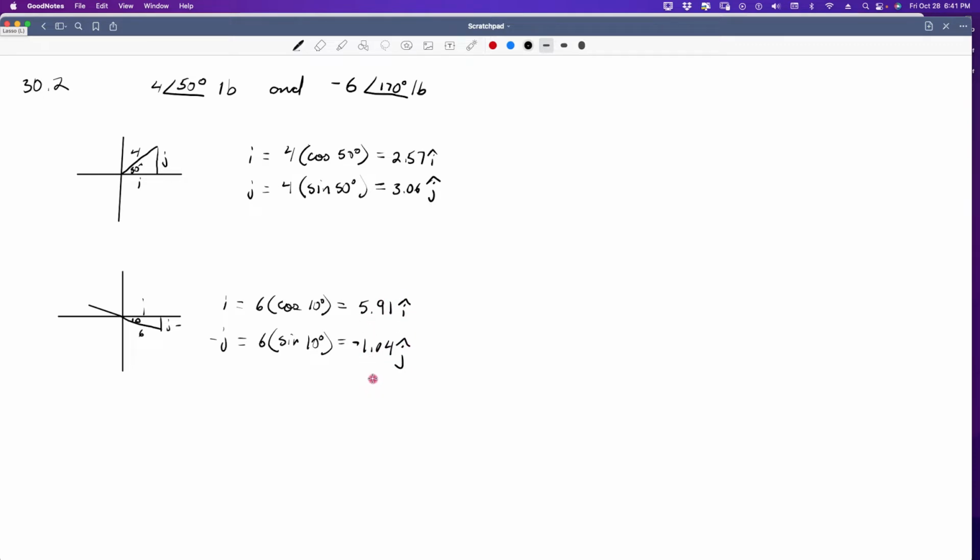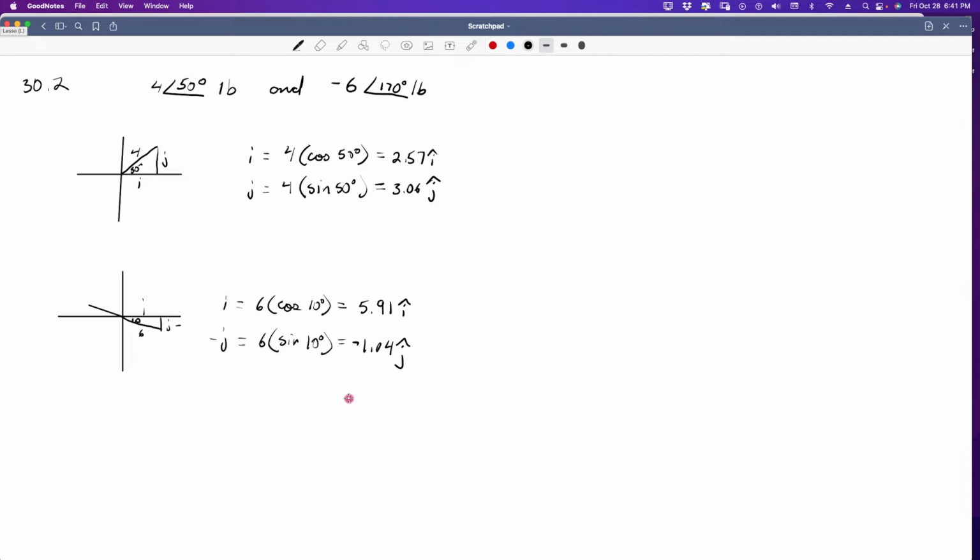So these are our two rectangular coordinates, and we are going to put them together to create a resultant. So let's do that now. So there's another way. We don't have to stack it. We can just put it together like terms.